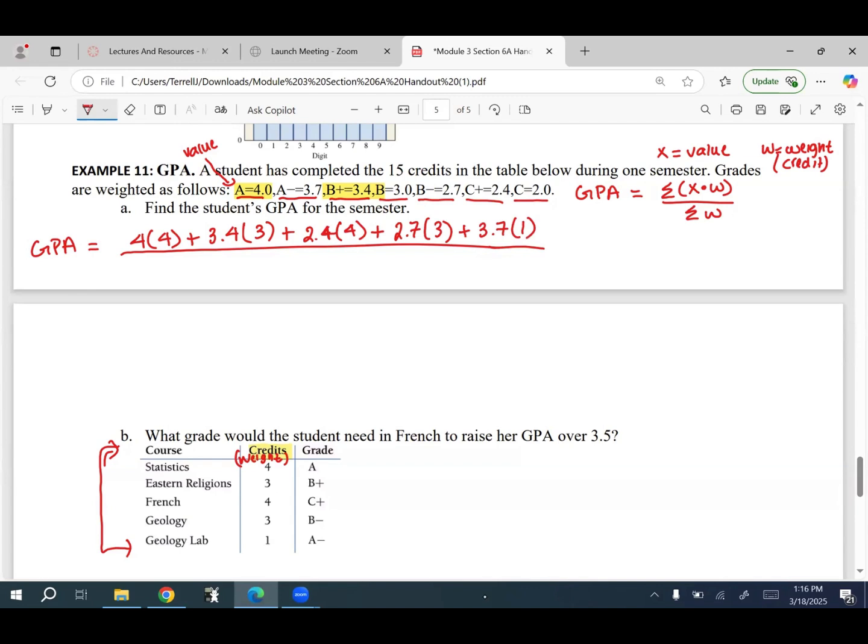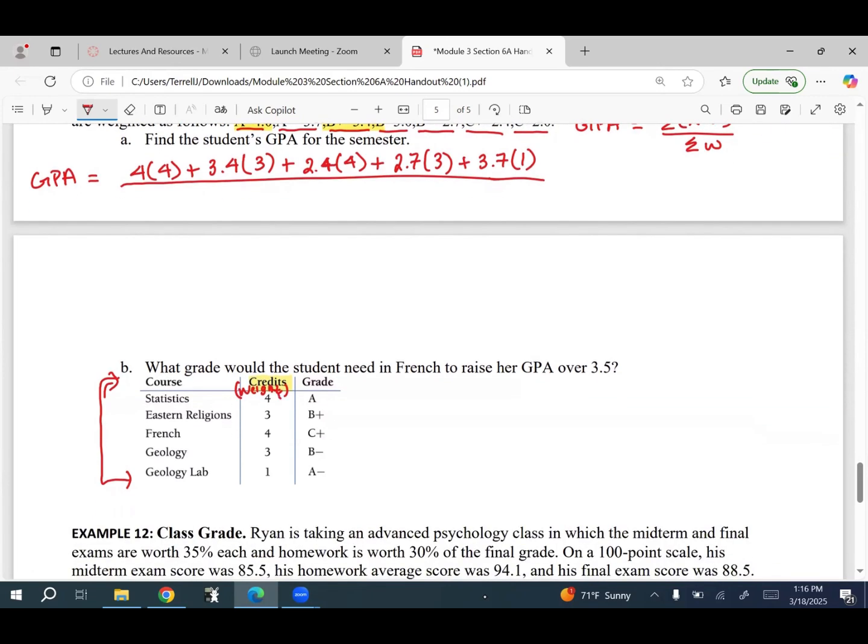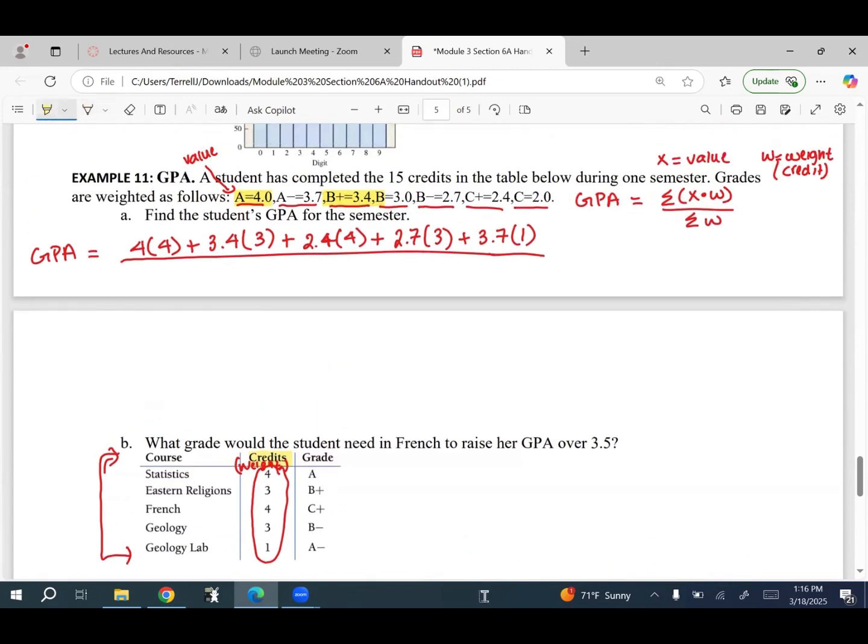That is the sum of the value times its weight. Now I'm going to divide by the sum of the weights or the sum of the credits. You can either add these credits, or it tells you in the problem the student completed 15 credits. So we know this is 15.